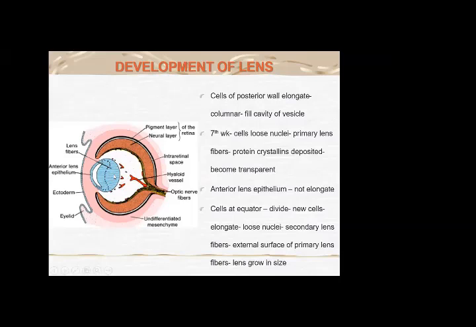Primary lens fibers also lose their nuclei, and secondary lens fibers also lose their nuclei. So now they will not divide further. However, they continue to elongate. As the lens grows in size, these cells keep stretching with the increase in size of the lens.